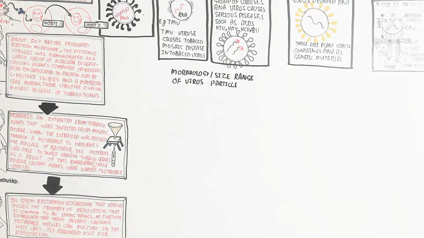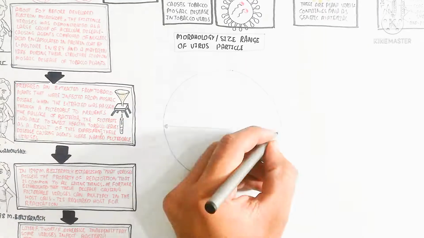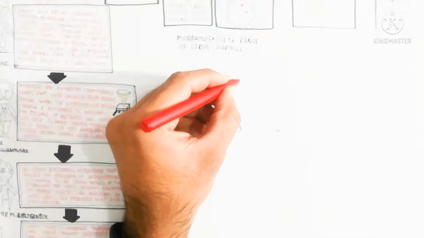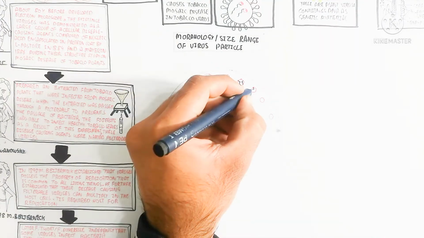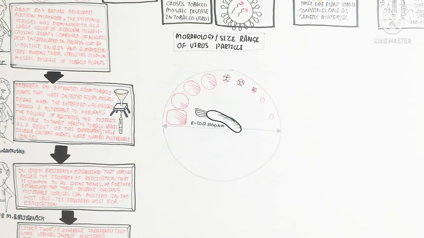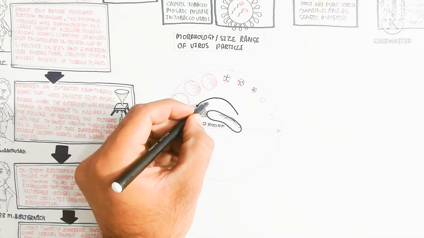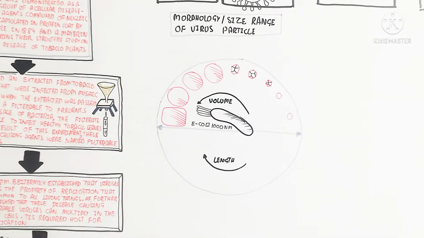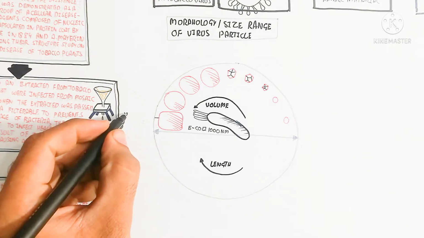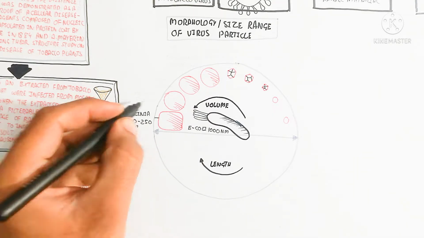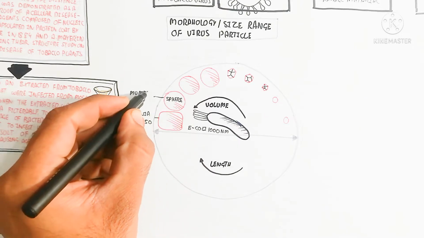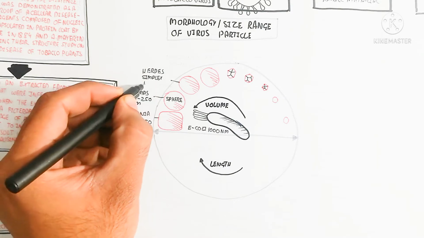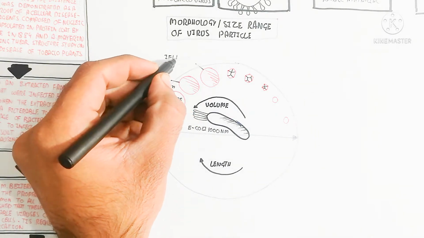I will give the example of E. coli, which is 1,000 nanometers. Here you can see different diagrams on the basis of shape: sphere, polyhedral, rounded, or icosahedral. First, the vaccinia virus ranges from 200 to 250 nanometers, while the spherical mumps virus is 150 to 250 nanometers.